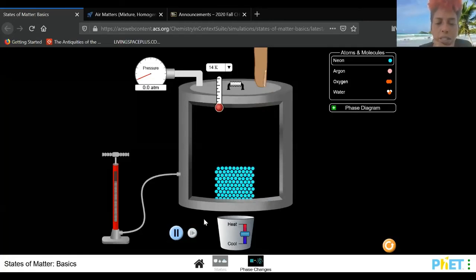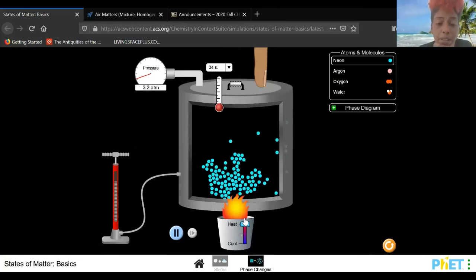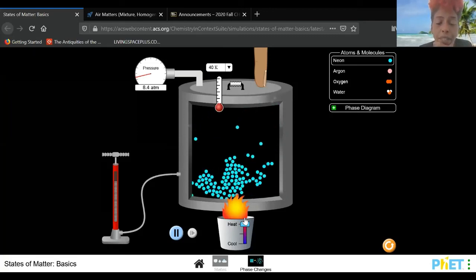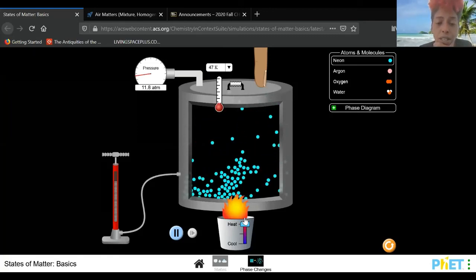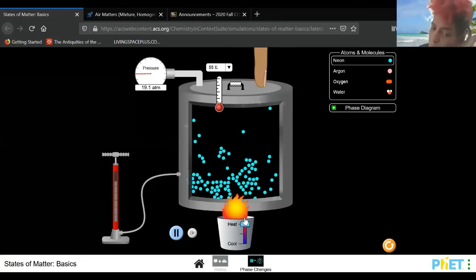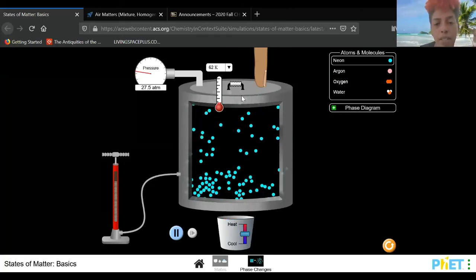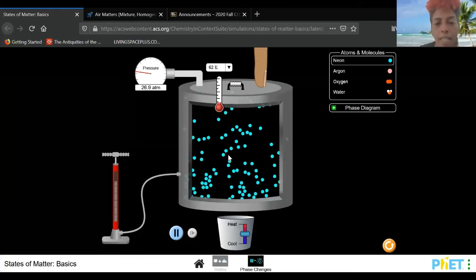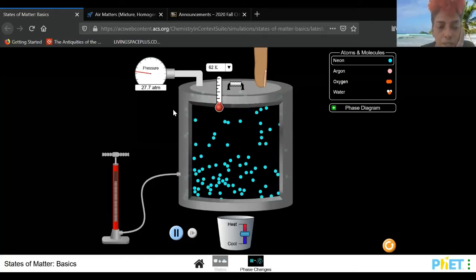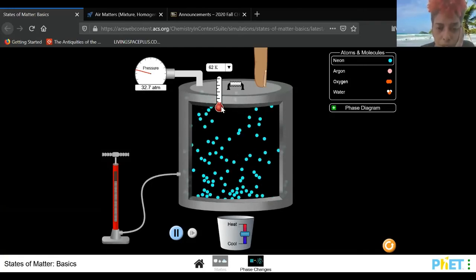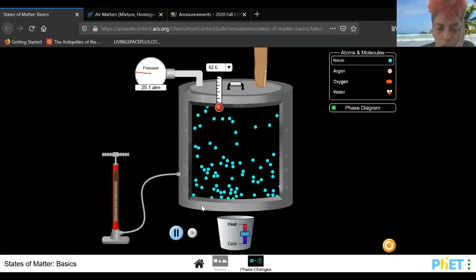Not only is temperature a way to change things from a liquid to a solid, but something else that can change things is pressure. So notice as I'm warming up this container, this is a closed container, right? It's completely closed. And as I increase the temperature, I increase the pressure of these gas molecules on the wall.